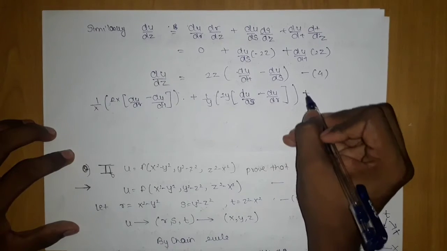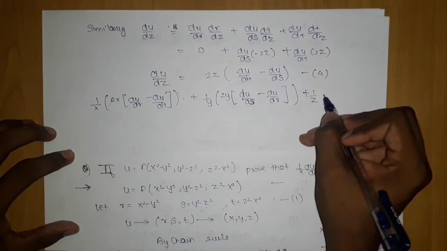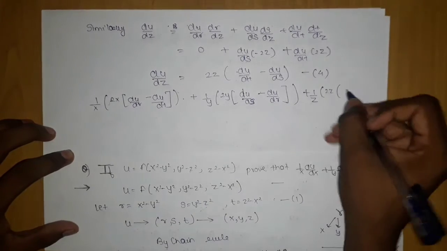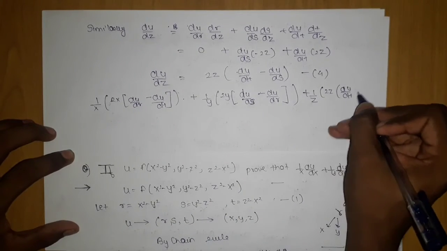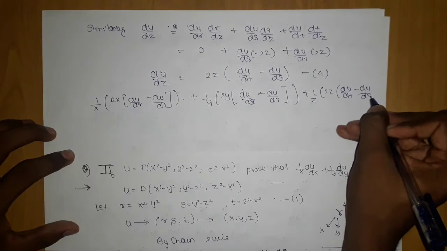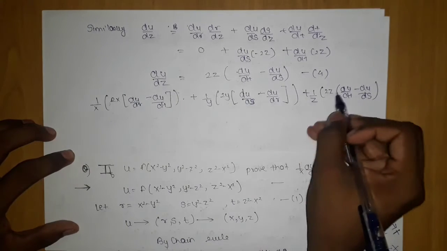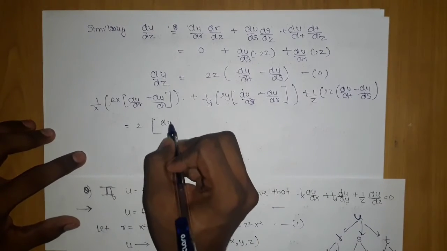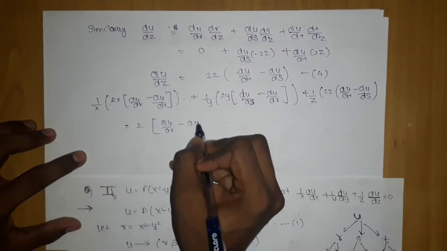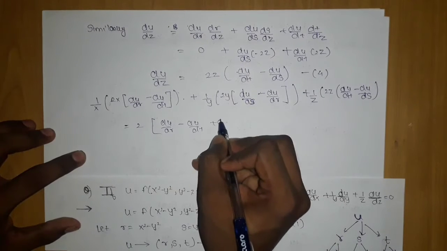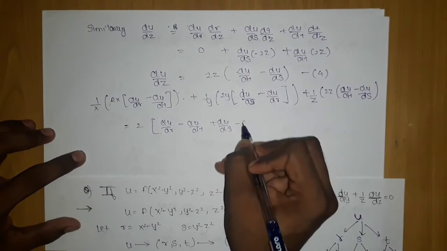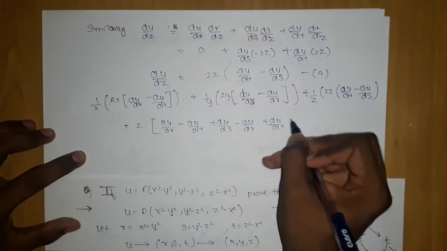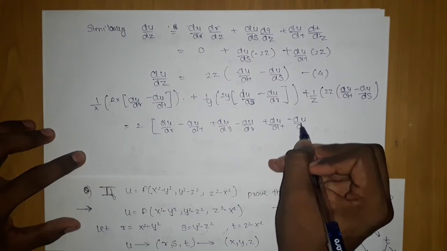You got this. After that, plus 1 by z into 2z, what you are going to write: 2 ∂u/∂t minus ∂u/∂s. If you observe, z will cancel out, you will take 2 outside, and you can observe ∂u/∂r minus ∂u/∂t plus ∂u/∂s minus ∂u/∂r plus ∂u/∂t minus ∂u/∂s.